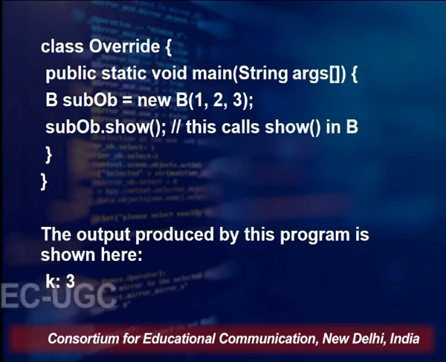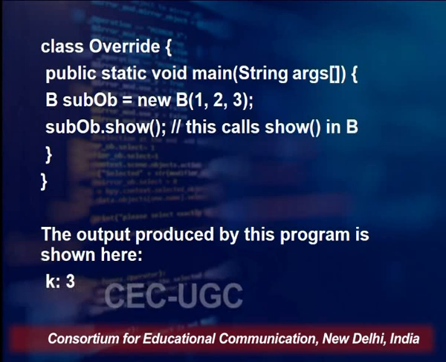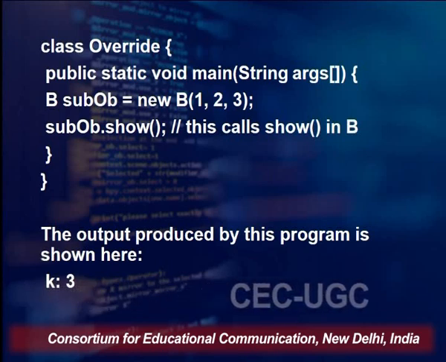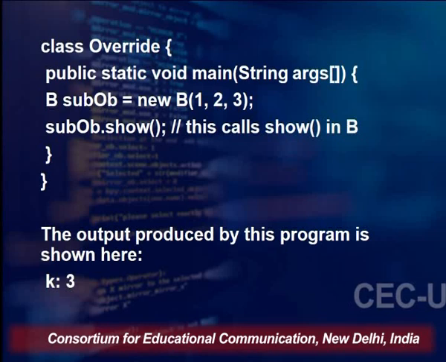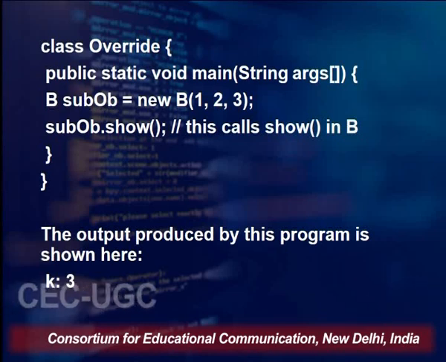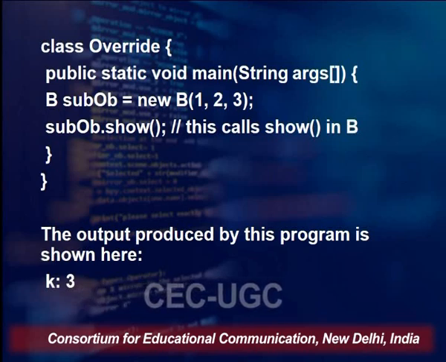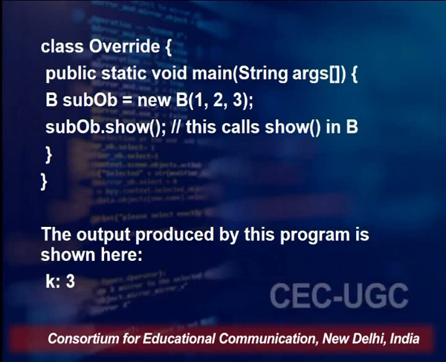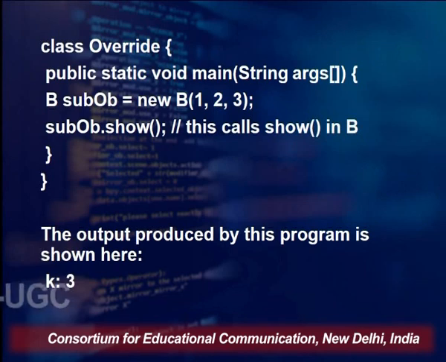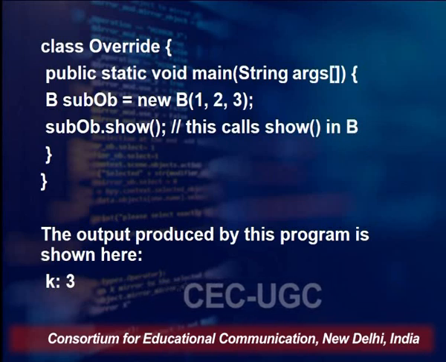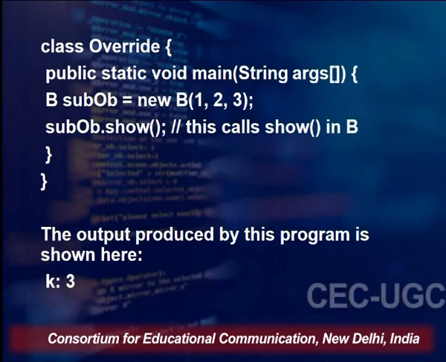Even when we call this method show using the object of class B, it gives us the print of k as 3. That means the output produced by this program shows that this is actually calling the show version of class B, not the show version of class A.